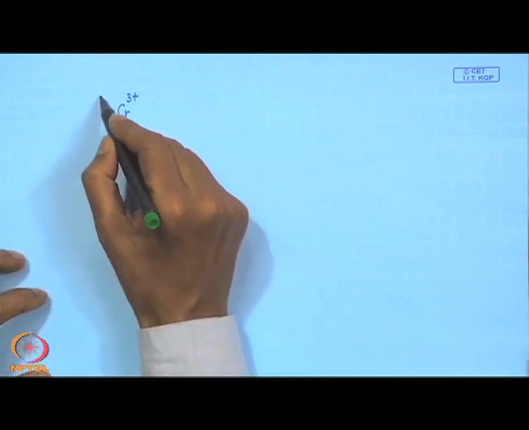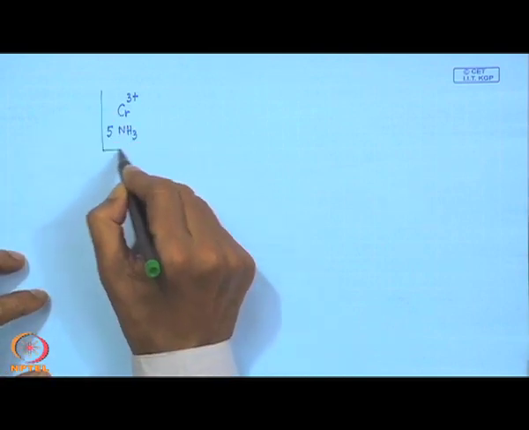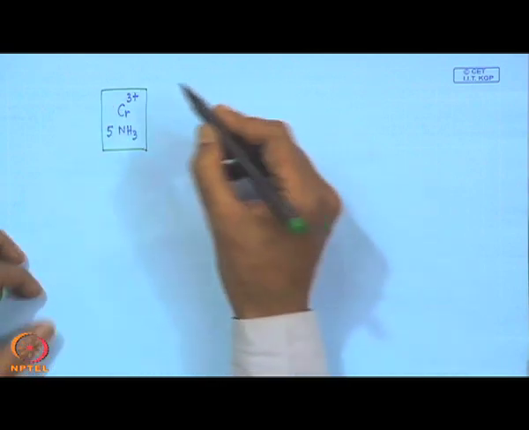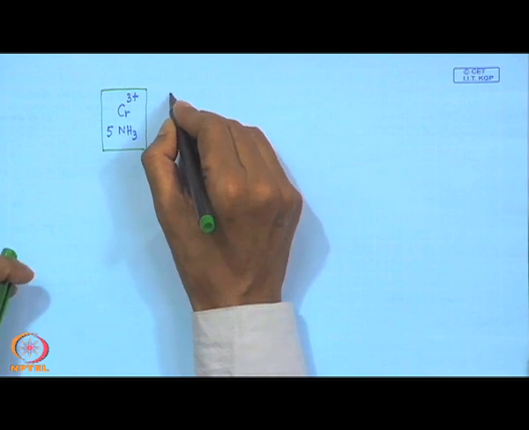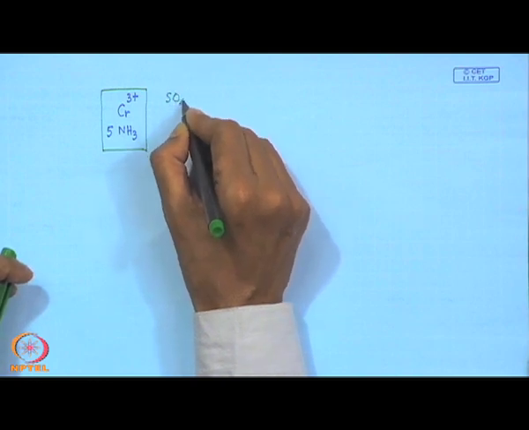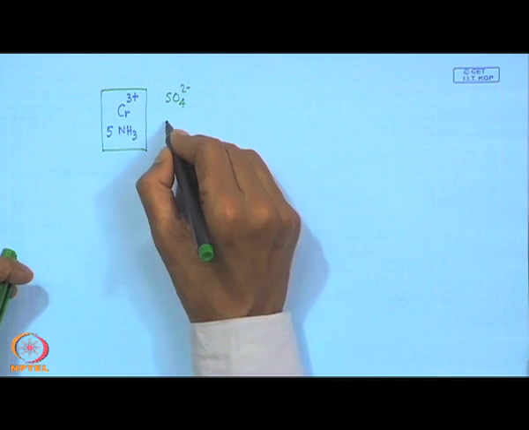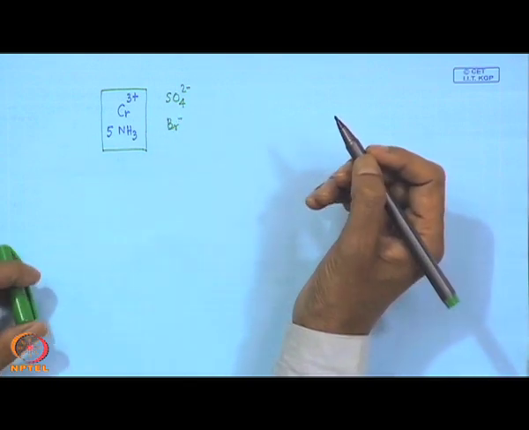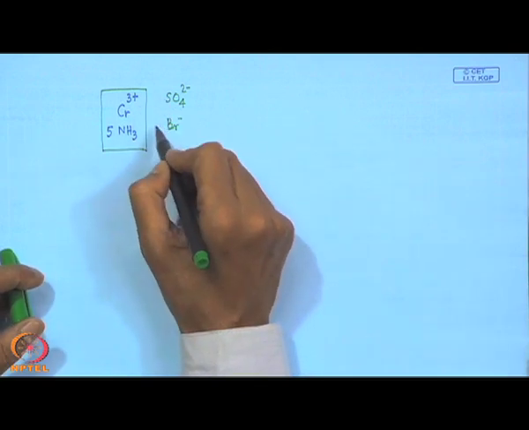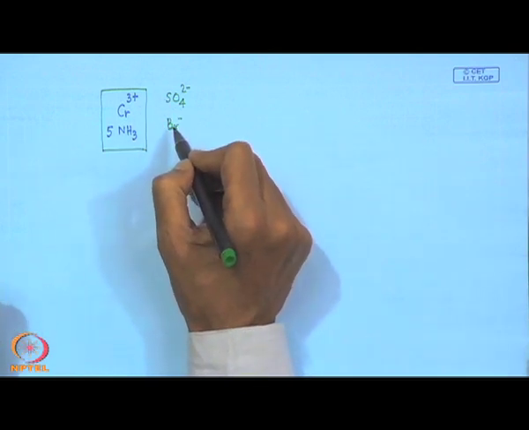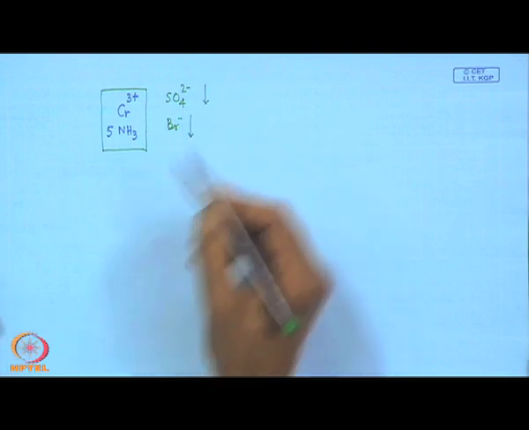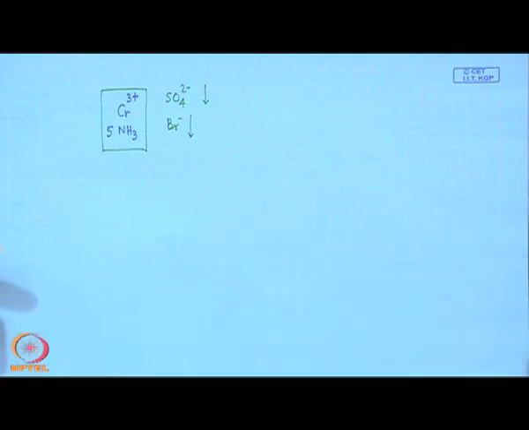So the chromium analysis and the NH3 analysis will not change much, but what will change is the presence of SO4 2 minus and Br minus within the coordination sphere or outside the coordination sphere.